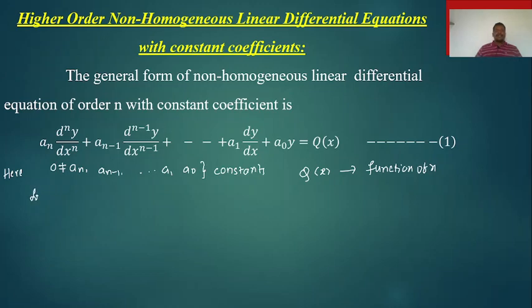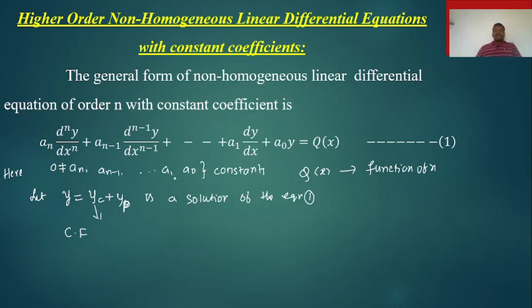Let the solution of equation 1 be y = yc + yp. Here yc is called the complementary function.